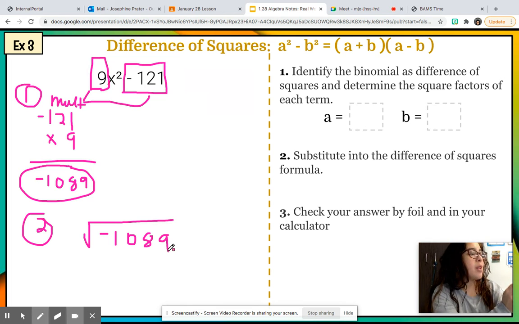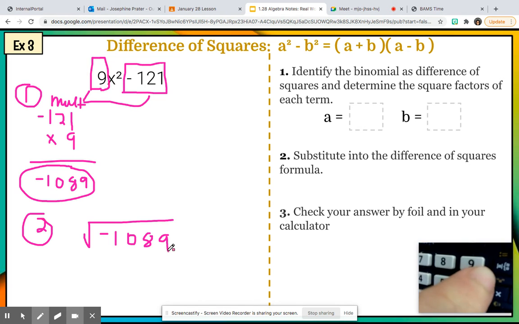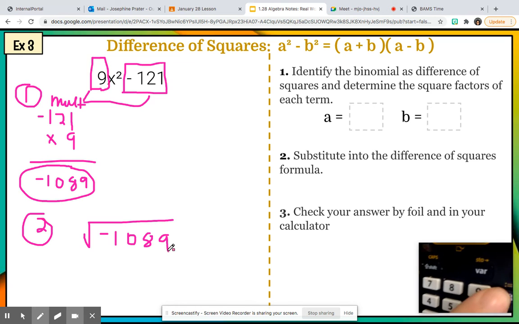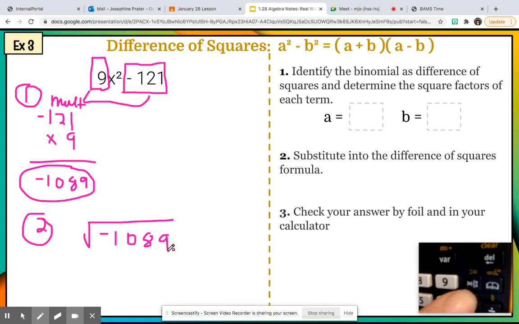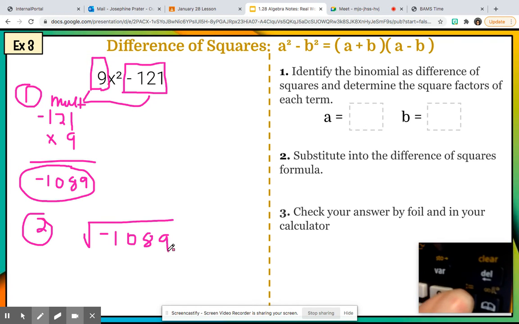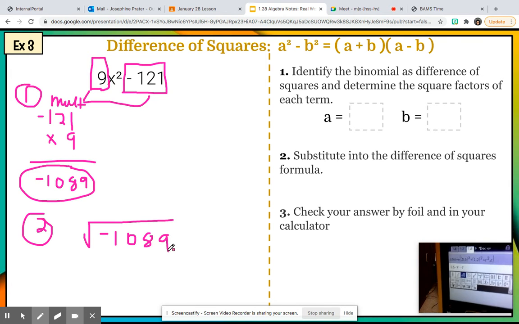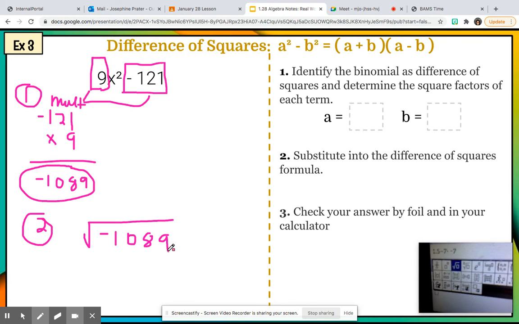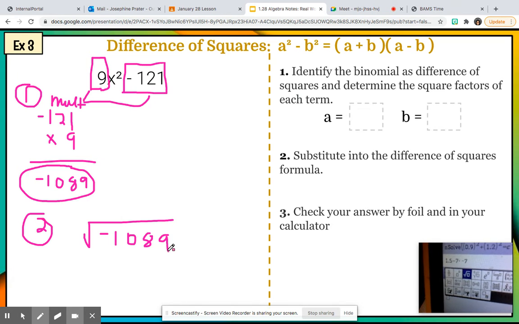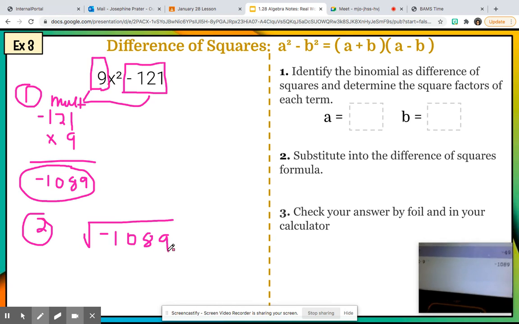So I'm going to type that into my calculator, and this is how. You see this little guy right here? With the little x and the squares next to the 9, I'm going to press that. When I press it, it gives me a list of tools, and I've already selected the square root. You can use your arrow keys to get to it. And I'm going to just compute that into my calculator.